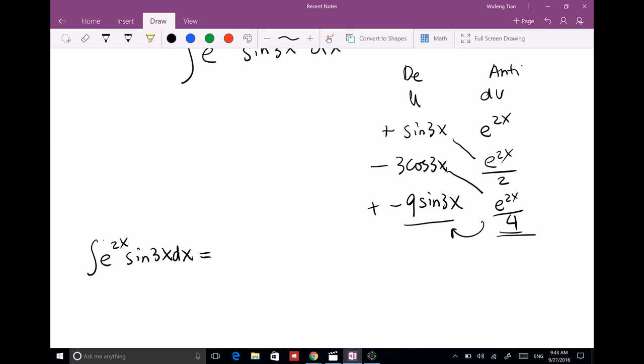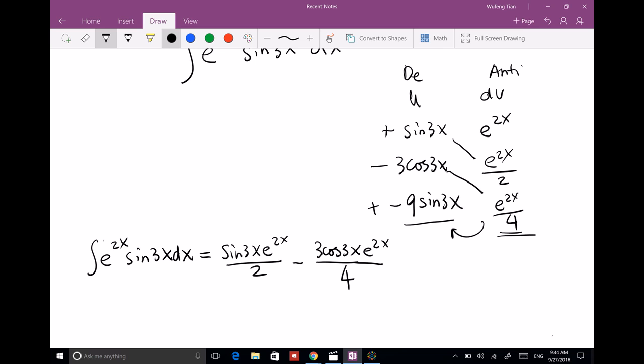So that equals sine 3x e to 2x over 2. You just cross and multiply that, and minus 3 cosine 3x e to 2x over 4. My bad, 4.